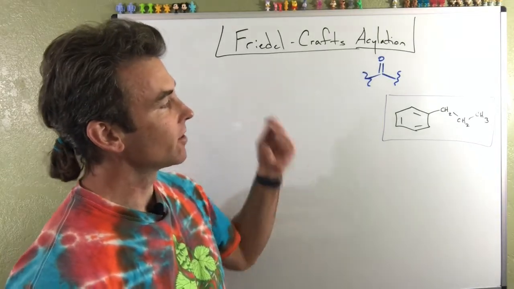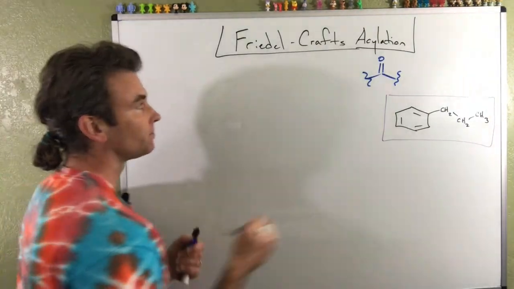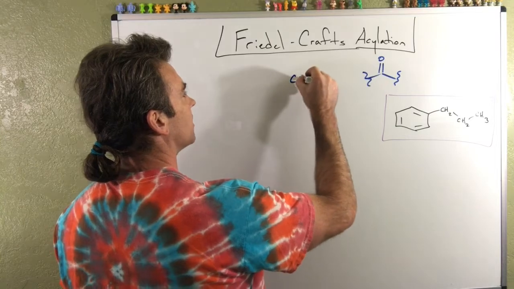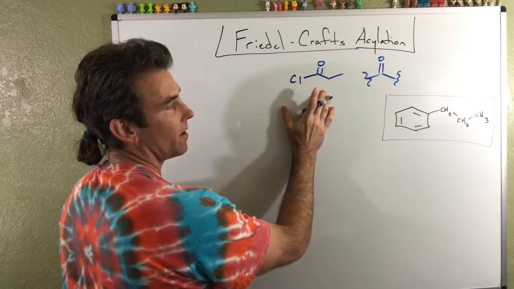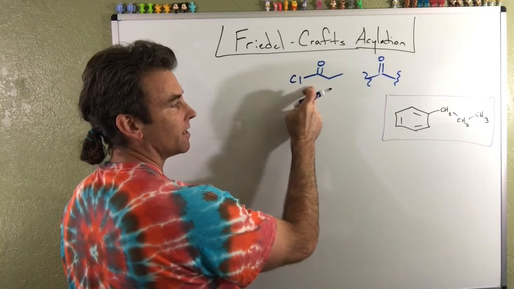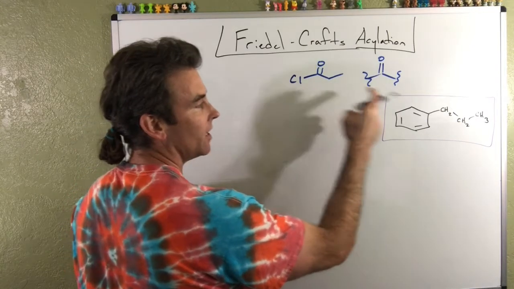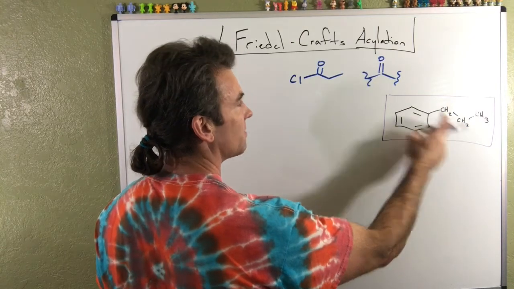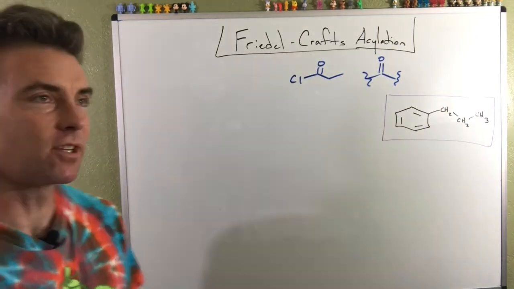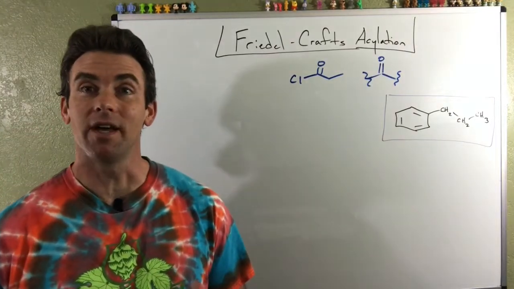In this particular case, what we're going to be using as our acylation substrate is this, right? And so this starting material is ultimately going to allow us to get to something that looks like this.